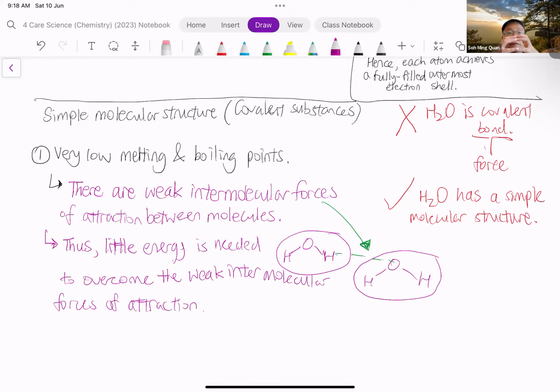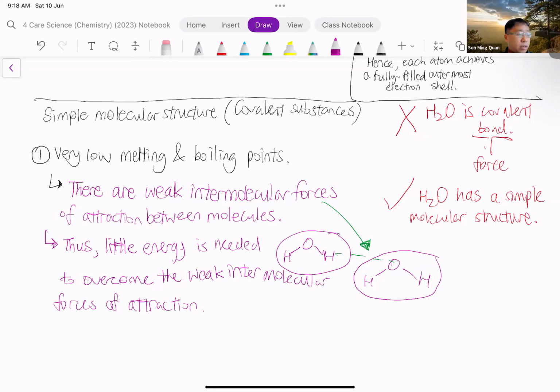So please have this visual picture in your head. What you are doing is that you are just moving each individual molecule further apart. You are not separating the atoms. You are not separating the H and the O that's bonded covalently into each other. What you are separating is just the molecules. Therefore, you are overcoming the weak intermolecular forces of attraction.